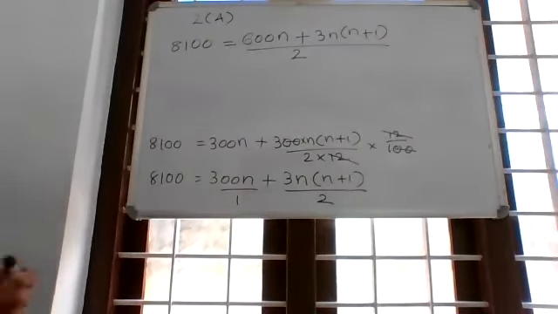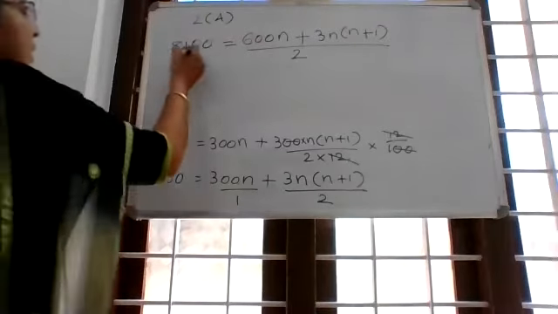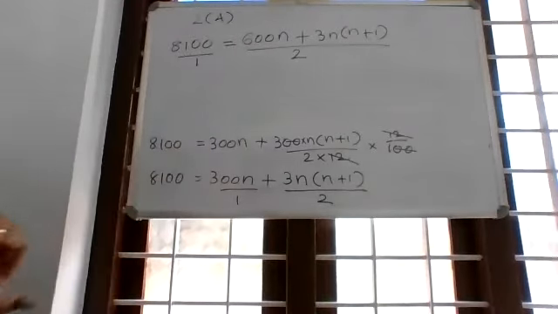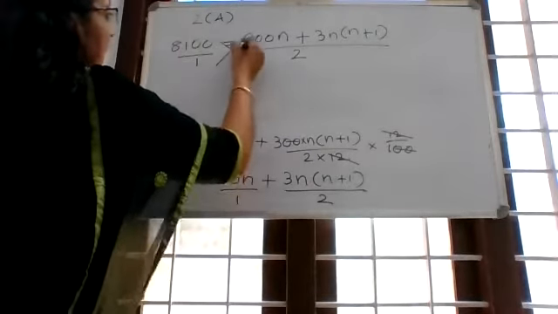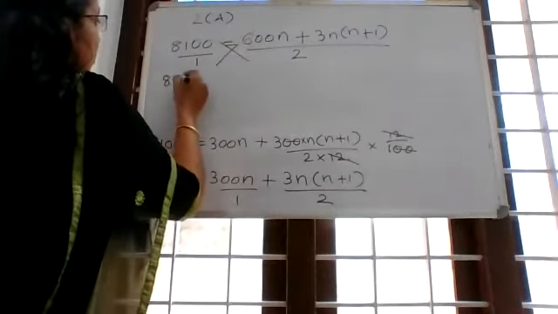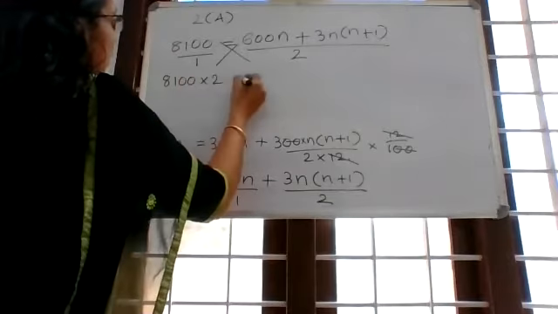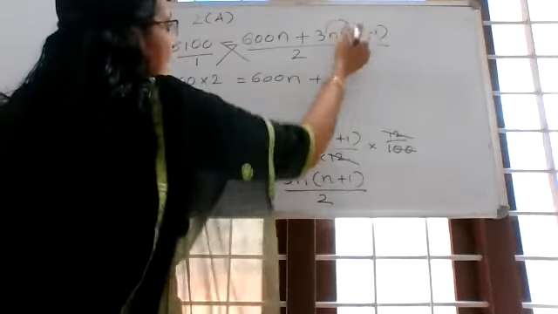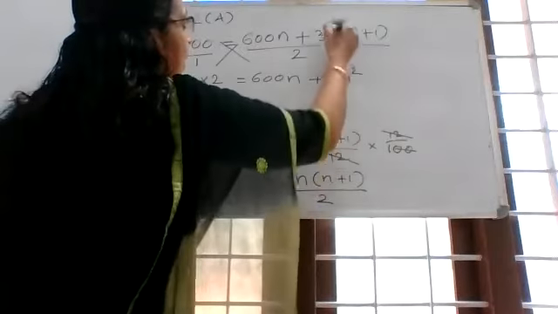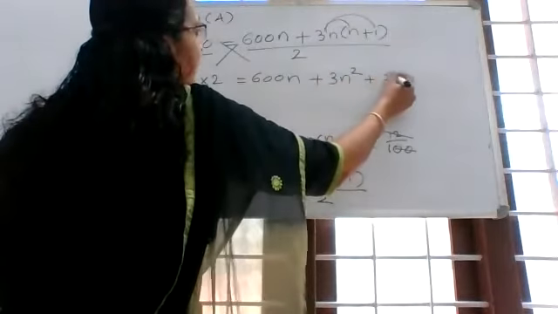So do it. 8,100 can be written as 8,100 divided by 1. So cross multiply. 8100 into 2 is equal to 600n plus, change the brackets, 3n square plus 3n.